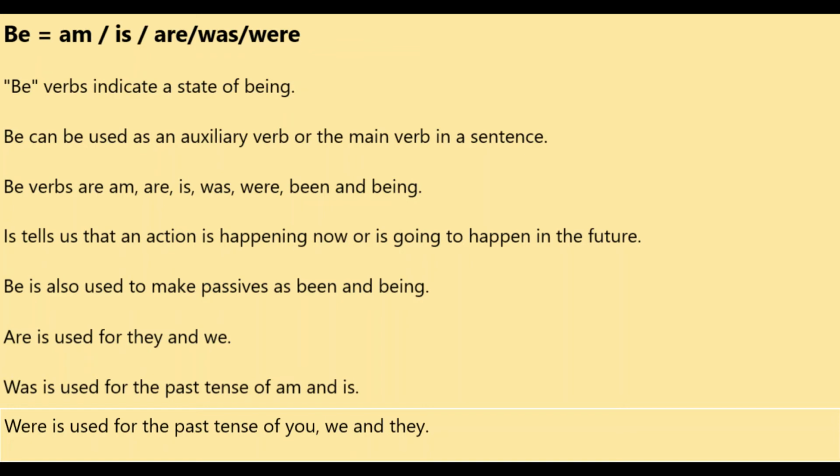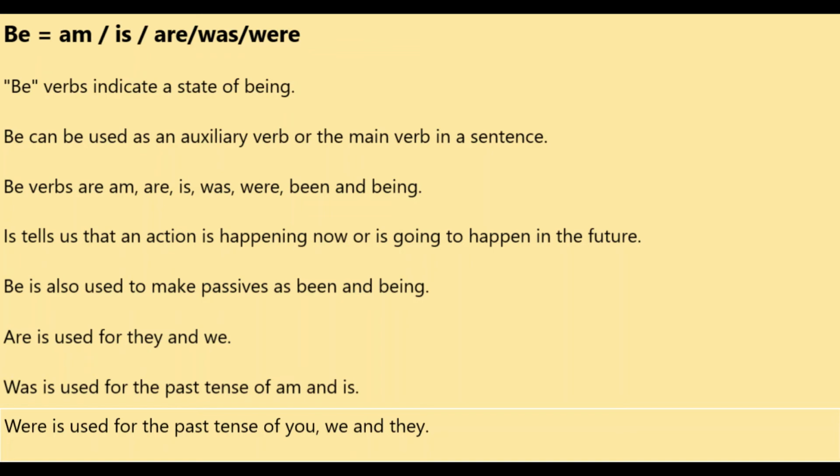Be verbs indicate the state of being. I'm a teacher. She is a teacher. Or they are teachers. My friend was a teacher. Now he has retired. So these be verbs indicate a state of being.